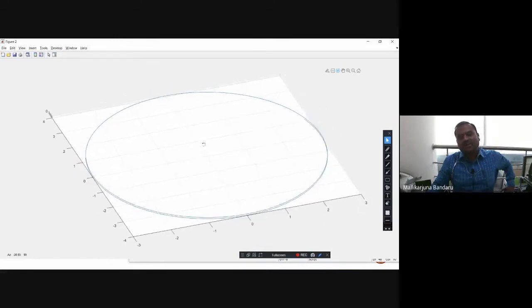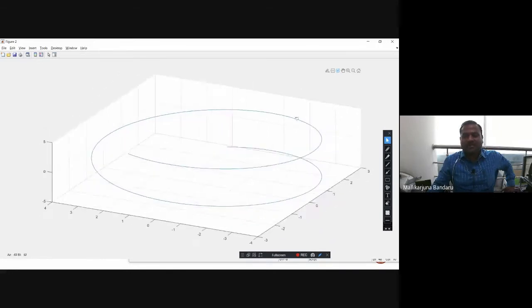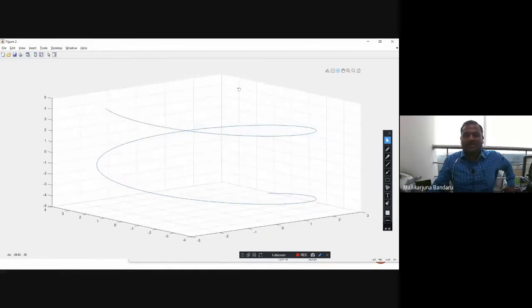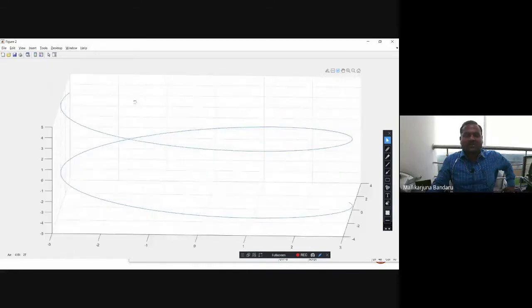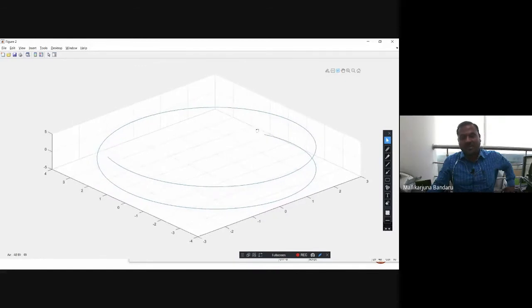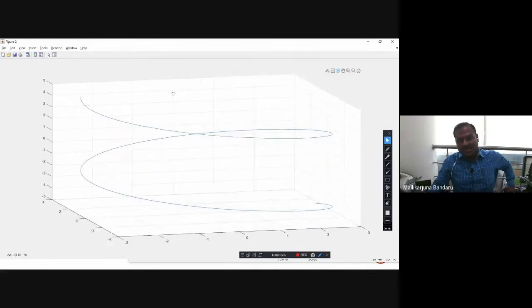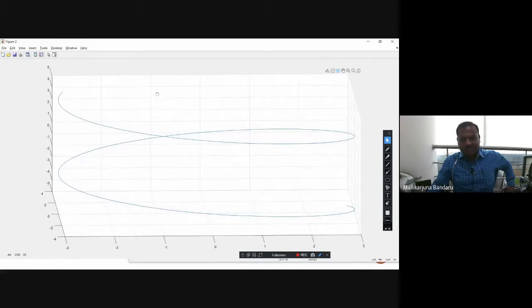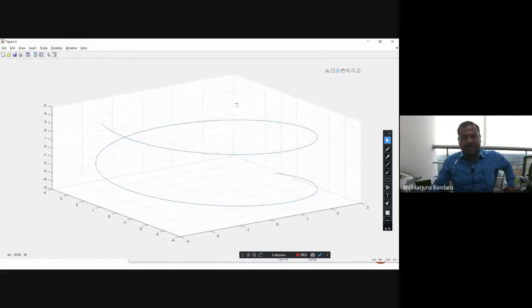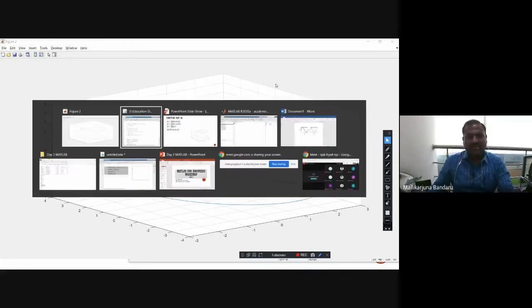And if you come to the 3D motion, see this. So this is the advantage of 3D visualization of any expression. See, in different angles, how the curve can be visualized. So these are the advantages of visualizing the expression in 3D also.